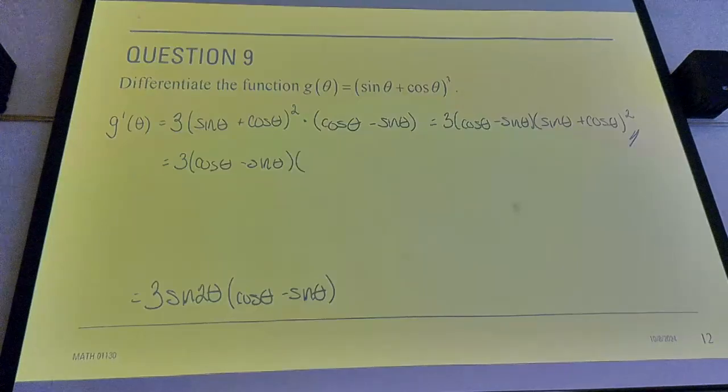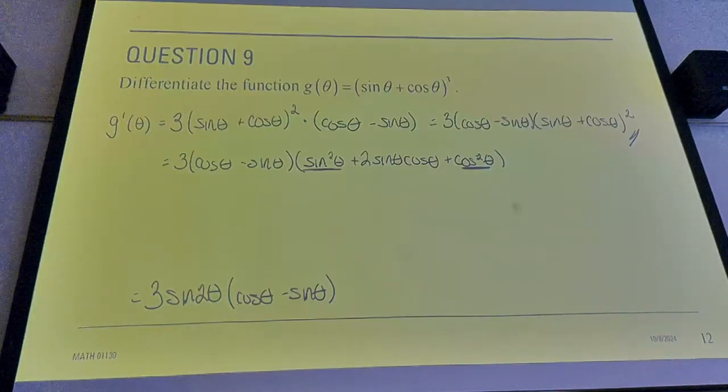I found some trig identities that can be rearranged. Expand out sine plus cosine all squared. Sine squared plus 2 sine cosine plus cosine squared, right? What is sine squared plus cosine squared?